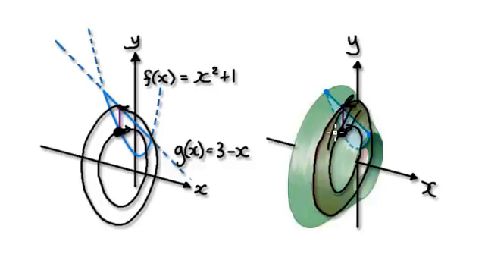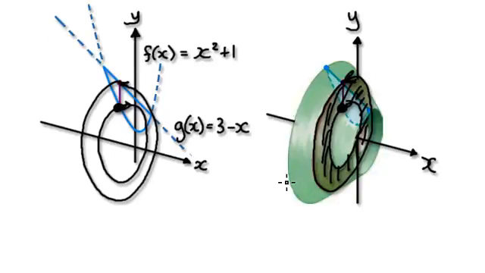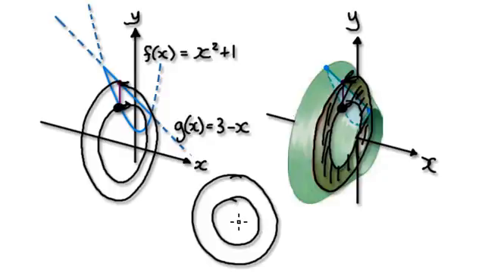So what you have here is like a washer. It will be like this. This radius here will be like your f of x, and the small radius here will be your g of x.